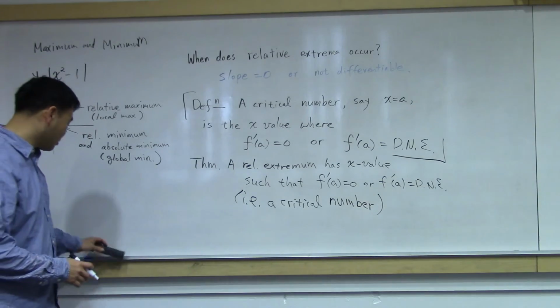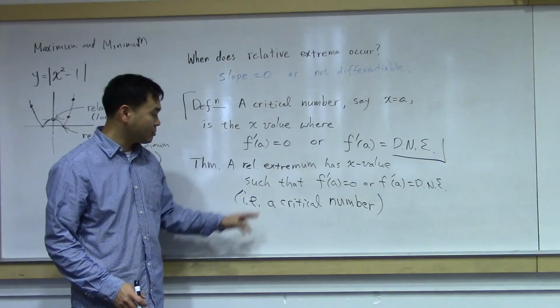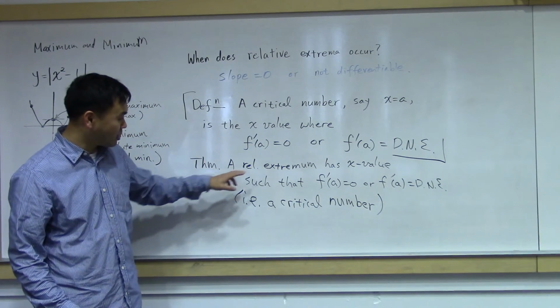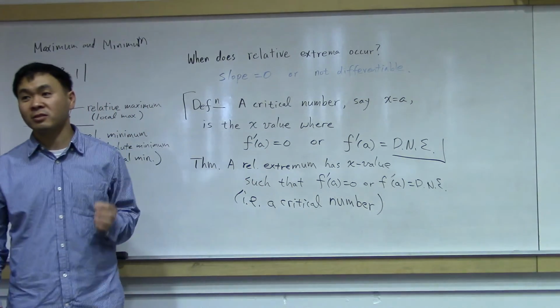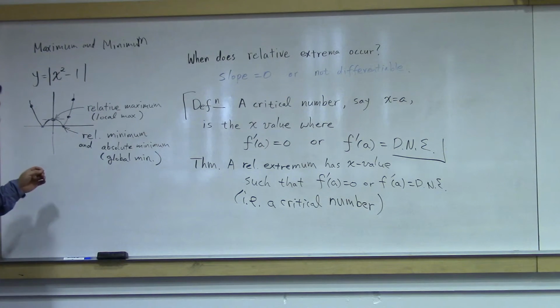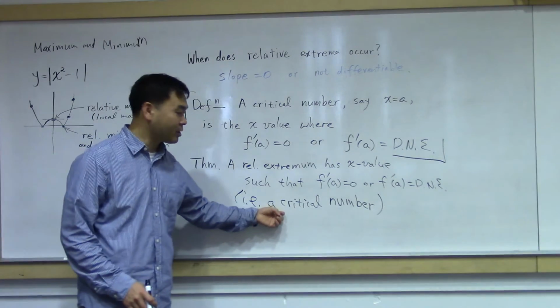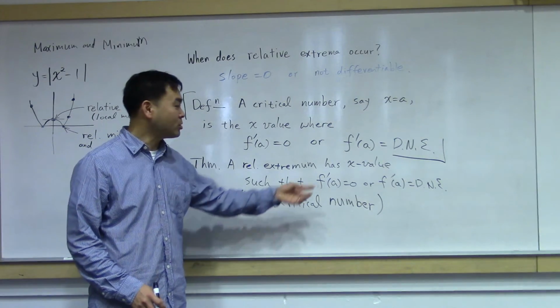So a thing about extremum and a critical number that you need to know is that extremums are actually points. Okay? It's a point on the graph, which means it has both x and y coordinates. Whereas a critical number is a number because there's only an x value.